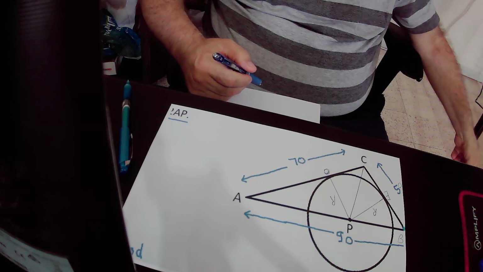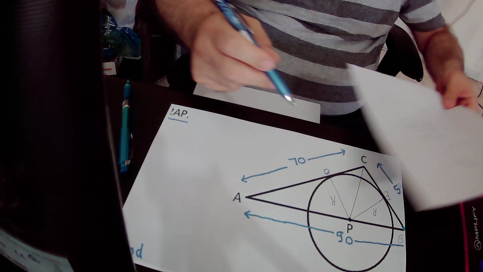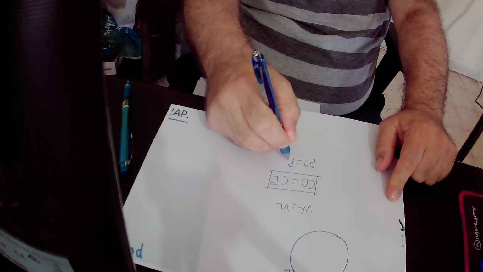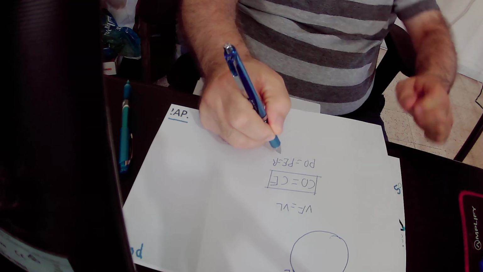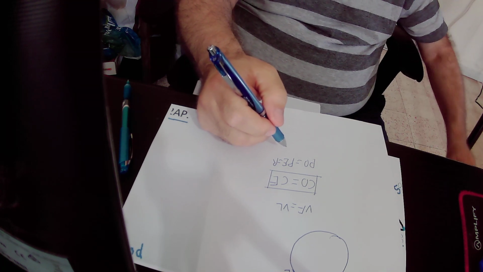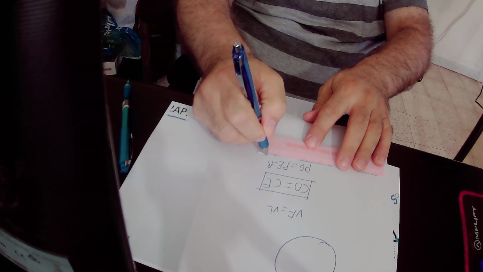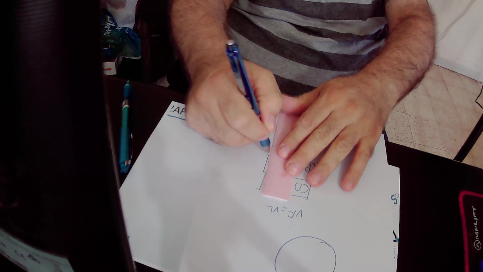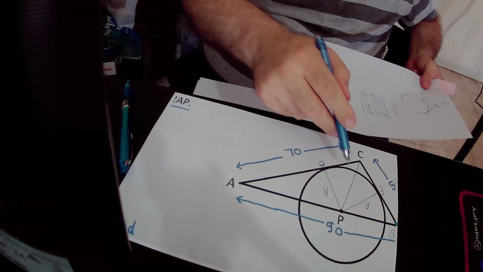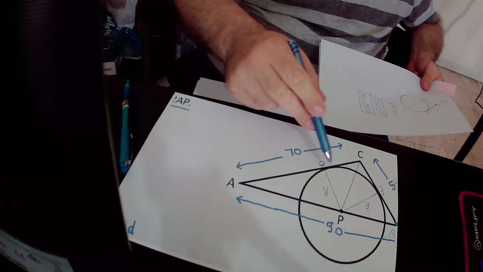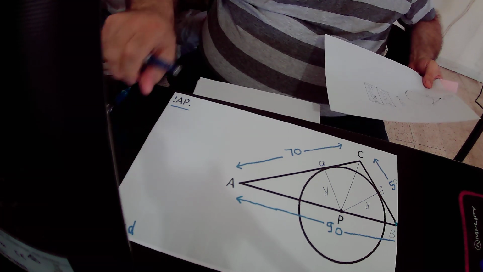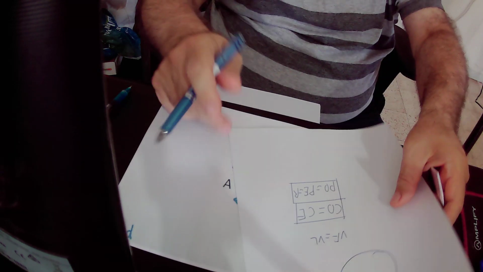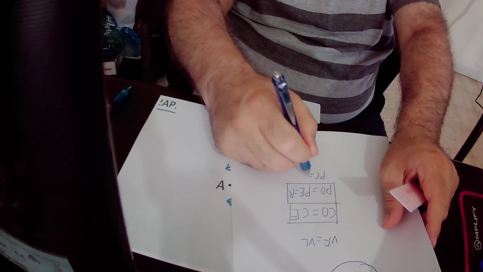So PO equals PE equals R, because both of those lines are radiuses of the circle, so they're equal to each other. And also PC equals itself. PC equals PC.